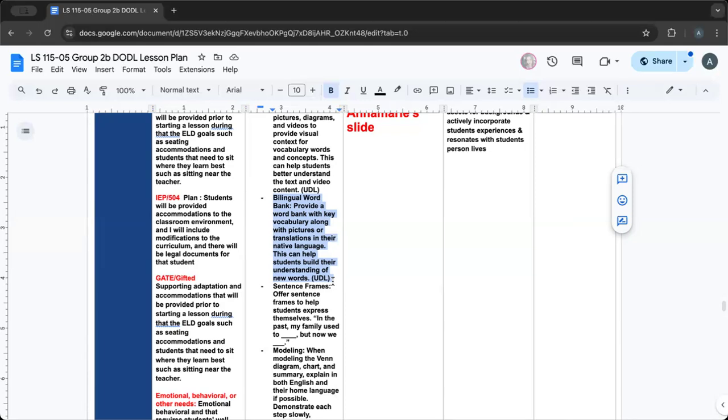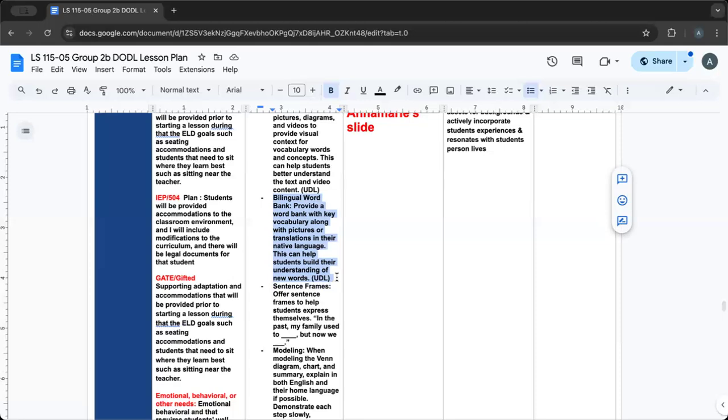I thought that was really nice, so that they can see that we as their teachers do value the language they speak at home, and value them learning and being able to communicate with others in the class by using that bilingual word bank. I haven't seen it used in other classes, and I know a lot of teachers struggle with English language learners who don't speak the native language.